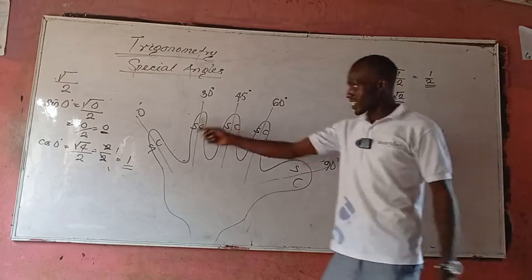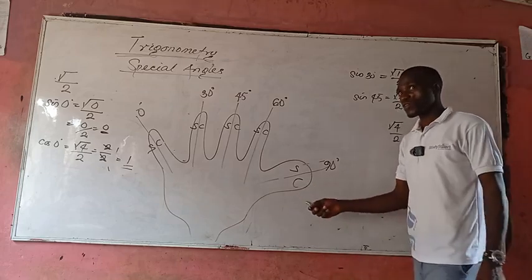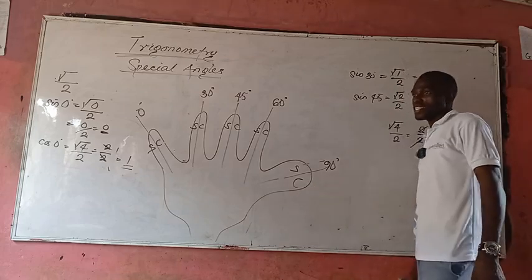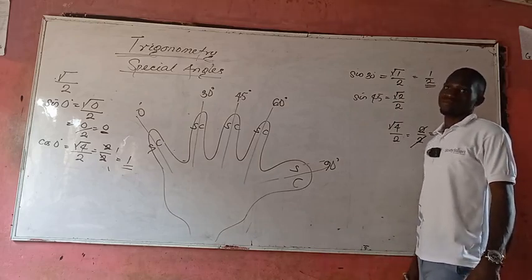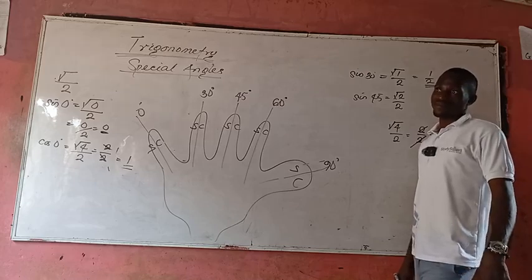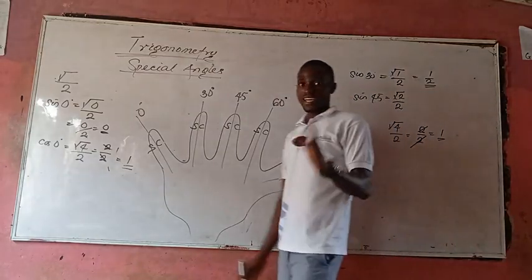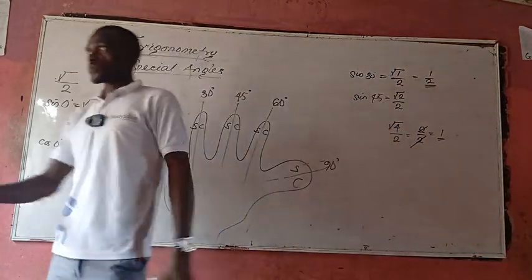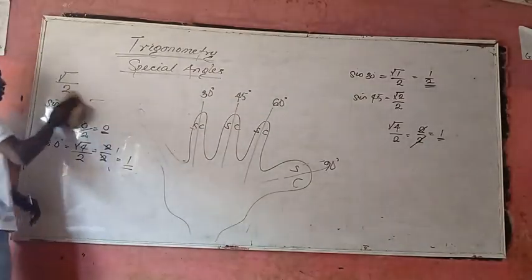That's all. Sine 0 is 0, but cos 0 is 1. Is it clear? Sine 60. Is it clear? So that's how to find special angles. So you don't need a calculator anymore, right?